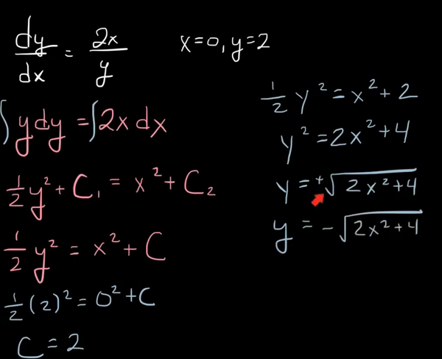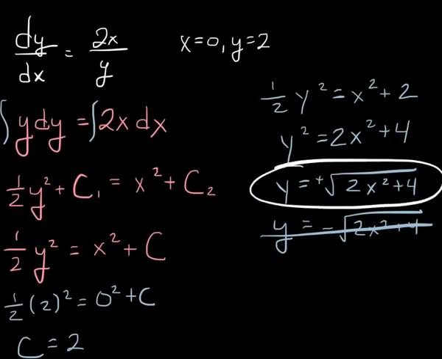And the thing that tells us which is our solution is the initial condition. If we plug in 0, then y should turn out to be a positive 2. So if we plug in 0 here, we're going to get a positive 2. That won't happen with the negative case, which means that this is our solution.